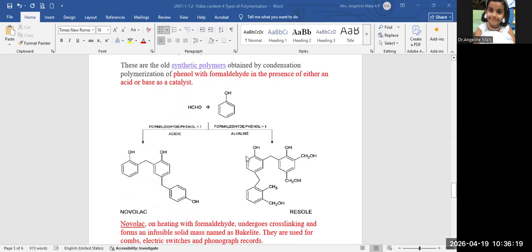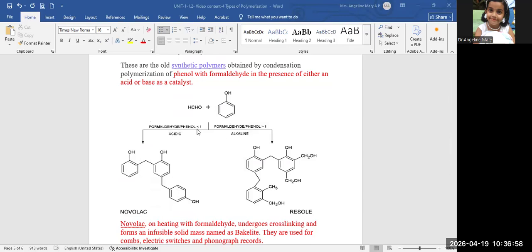The reaction is given below. Phenol and formaldehyde, HCHO, undergo the condensation reaction in the presence of either acidic or basic conditions. In acidic conditions, the ratio of formaldehyde to phenol is compared to 1 and is lesser than 1. If it undergoes acidic conditions, we get the product Novolac.